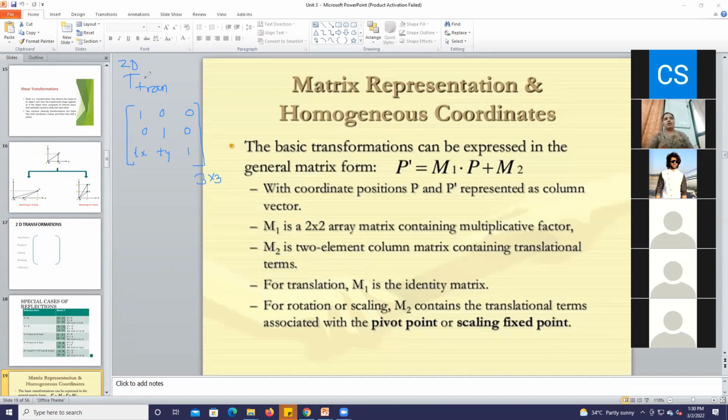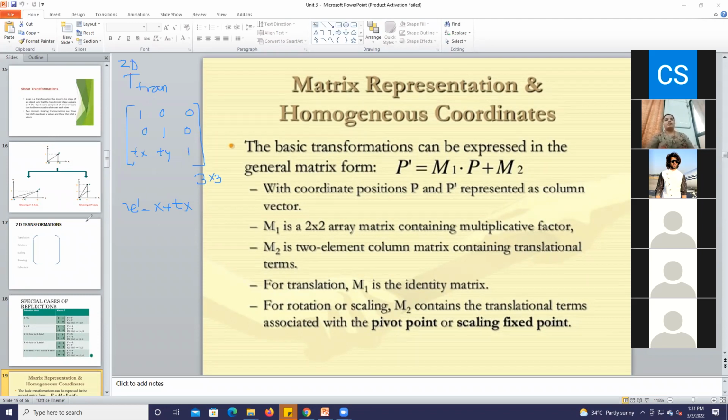Matrix multiplication. And in translation what was happening? Addition was happening. X dash, what were we representing? X dash is equal to X plus TX. X dash is equal to X plus TX. So instead of performing the matrix addition, we are performing matrix multiplication in every transformation.